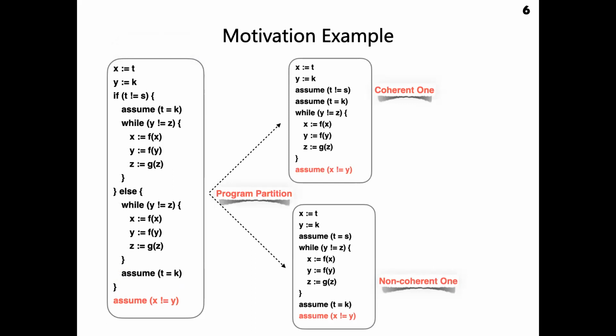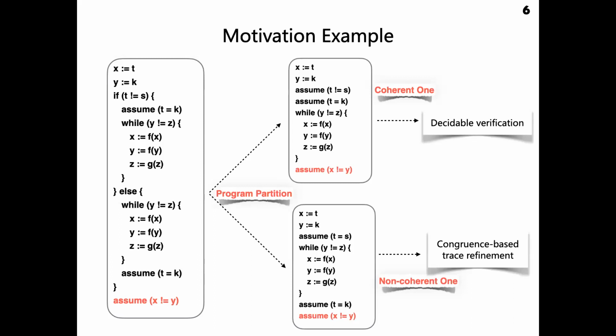The first subprogram corresponds to the if branch, which satisfies coherence, and the second subprogram corresponds to the else branch, which does not satisfy coherence. For the coherent part, we can verify it by the decidable verification, which is the existing work. Then for the non-coherent part, we propose a congruence-based trace refinement to do the verification. Next, we mainly focus on this part.